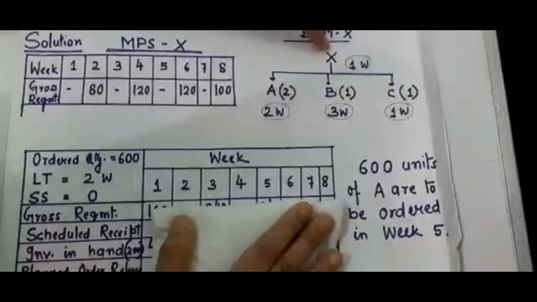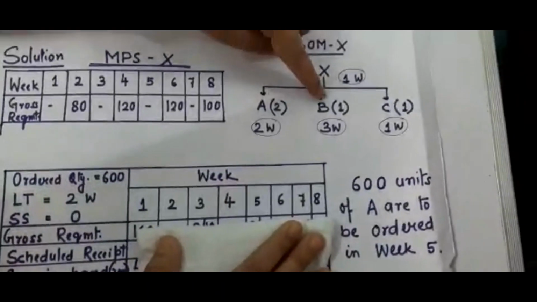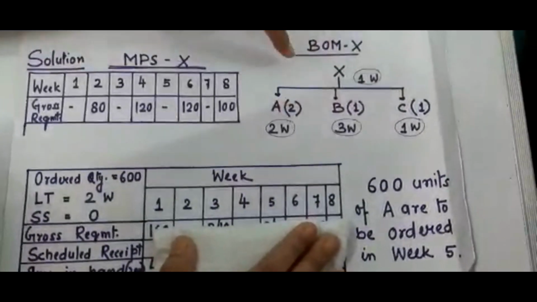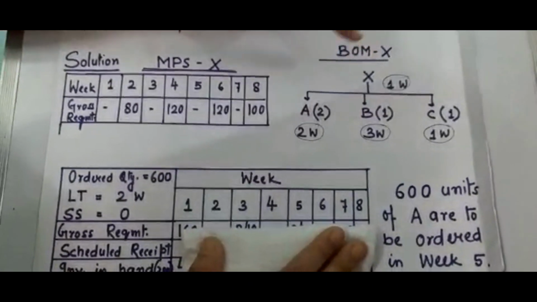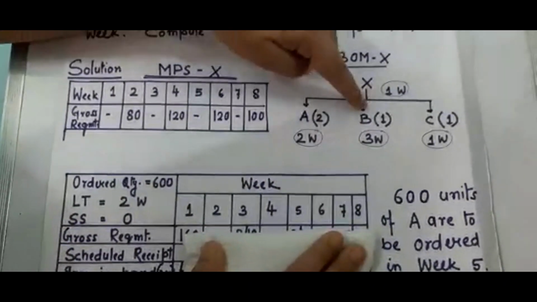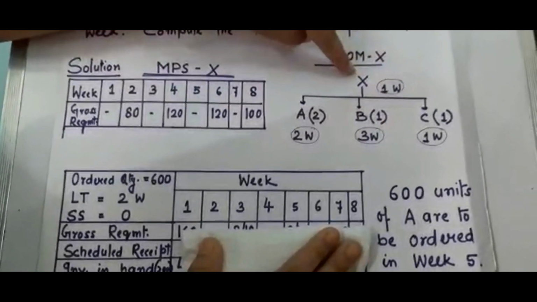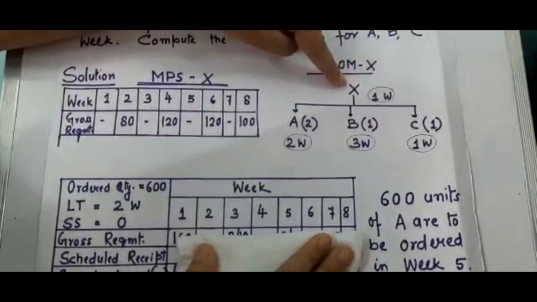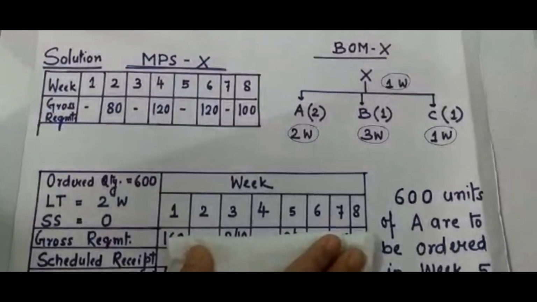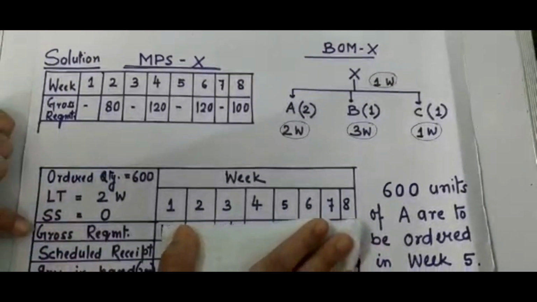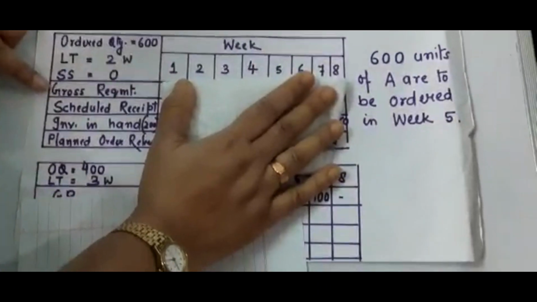So if I need X in the 7th week, A, B, C should be available to me in the 6th week, so that I need 1 week time to assemble A, B, C to make the finished product, and my finished product X becomes ready in the 7th week. Okay, so based on this, we have to find out the gross requirement for the components.